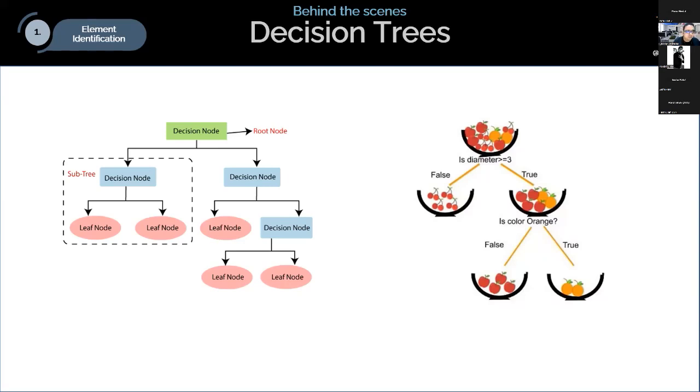I have a basket full of fruits, and I categorize the ones which are smaller, less than or equal to 3. So I flush out cherries from there. Then I take a decision whether the fruit is orange in color, and that's how I'm able to identify oranges. This algorithm is primarily used for element identification in such AI-driven platforms.